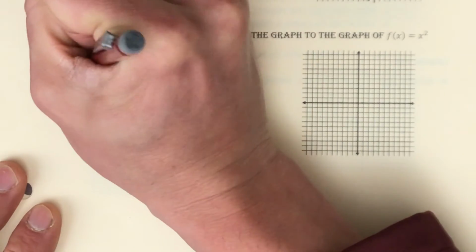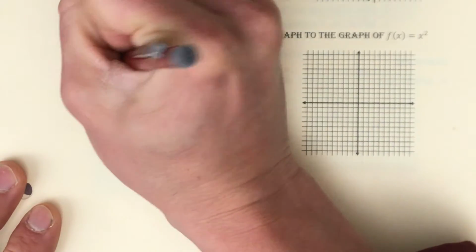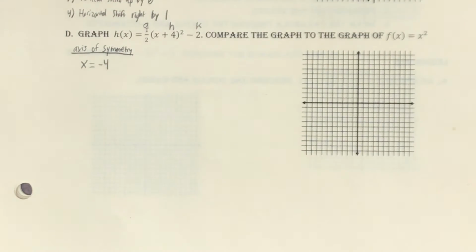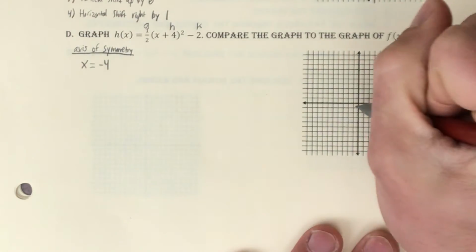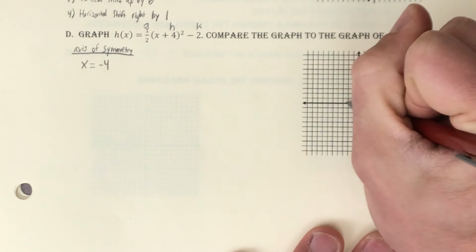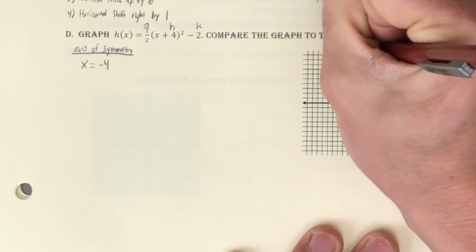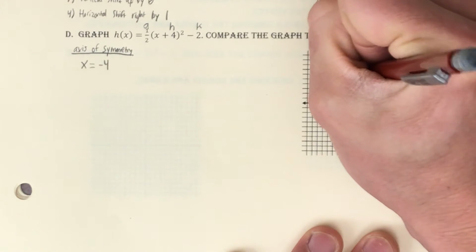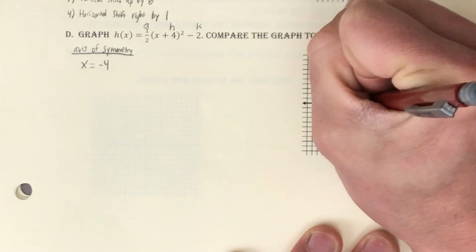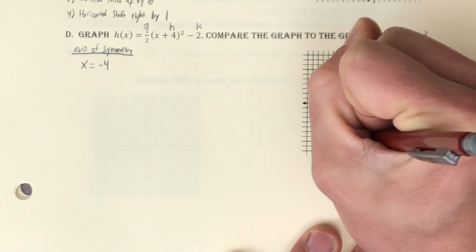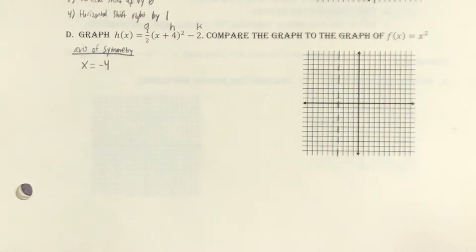So x equals, my h looks like positive 4, so that means it is -4. So we'll go into our graph and we're going to go 1, 2, 3, 4 to the left, and we're going to then draw our axis of symmetry, our little dashed line that'll help us mirror our points.